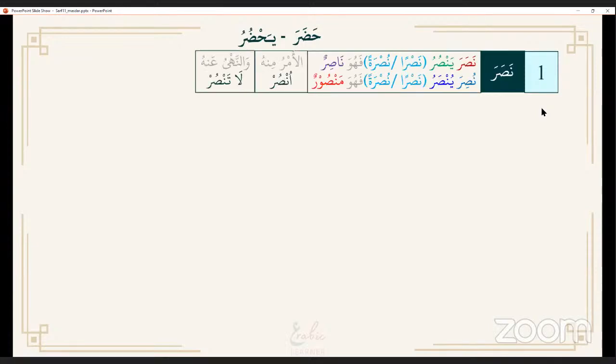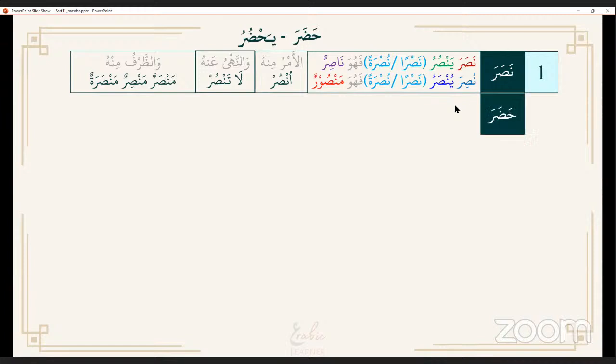So this is my Bab Nasara: Nasara Yansuru, Nasran or Nusratan. But I told you that Masdar can change. It depends. I explained the different awzan of Masdar. Zarf also has different awzan, and the majority of them use these. So now let's put this into Hadara.